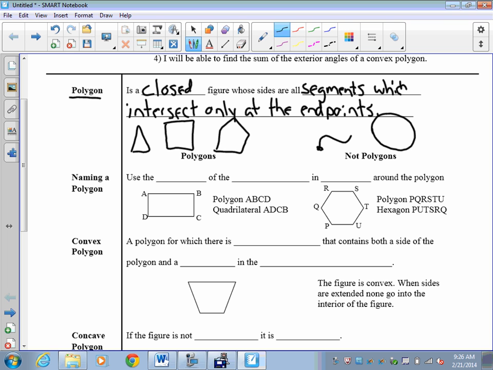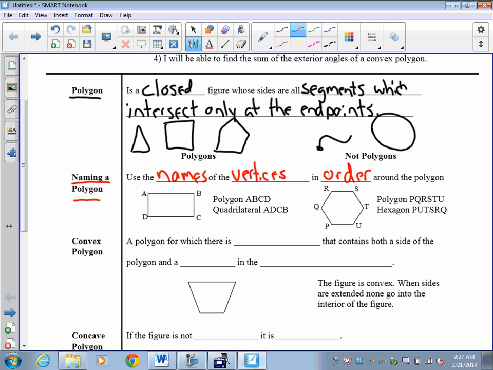Whenever we are naming a polygon, we use the names of the vertices in order around the polygon.